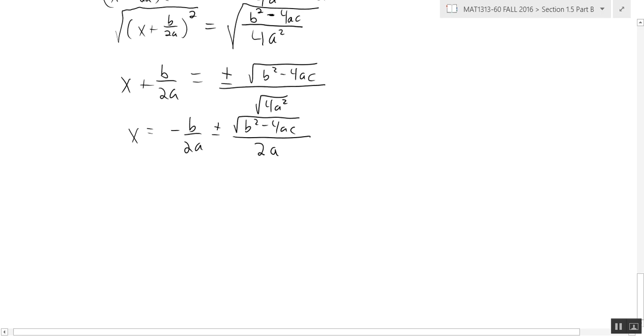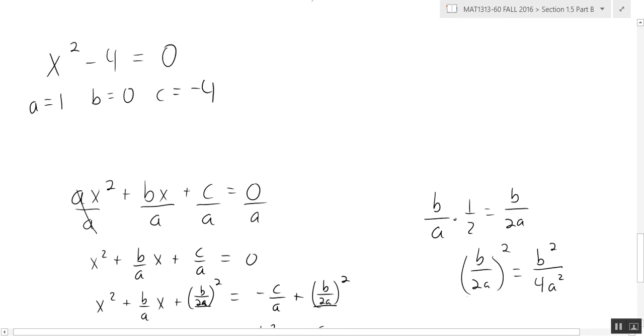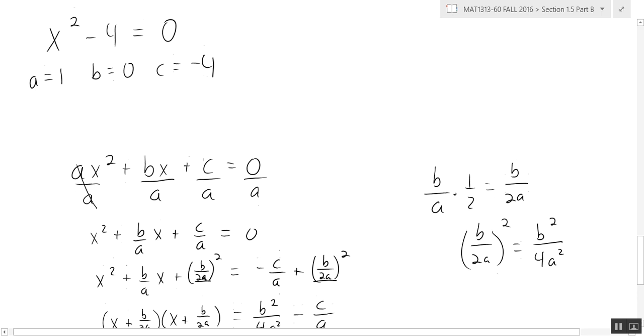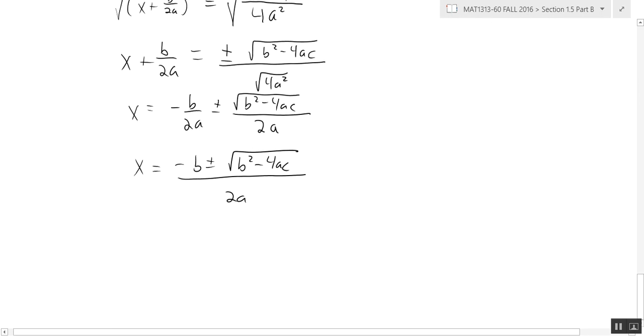Anytime you have fractions with the same denominator, you can write the numerators over that common denominator. So I have x equals negative b plus or minus the square root of b squared minus 4ac all over 2a. So I just went through something, again, most of my calculus students probably couldn't do that. But using a little tricky algebra and completing the square, I was able to go through and show you how the quadratic formula came about.